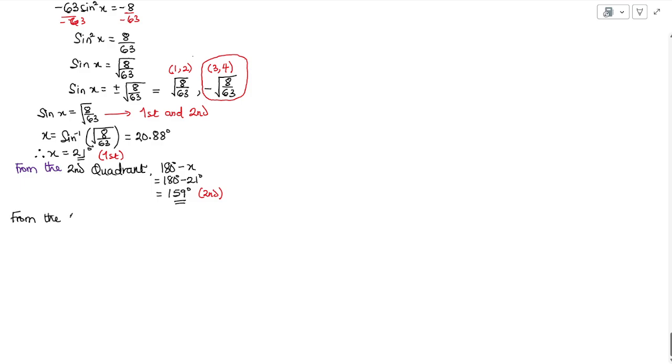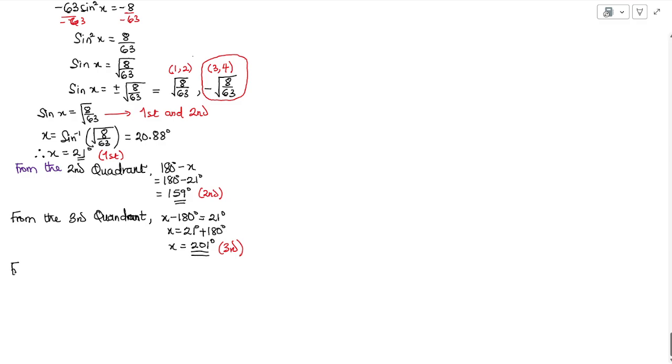From the third quadrant, x minus 180 degrees gives us the answer we had, which is 21 degrees. So this gives us 21 degrees plus 180 degrees, and the answer for x becomes 201 degrees, from the third quadrant.